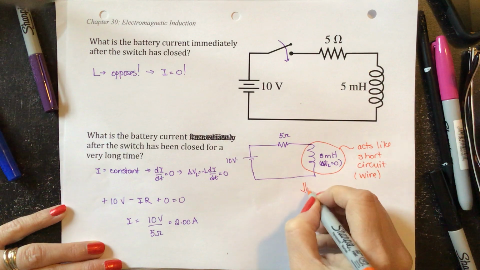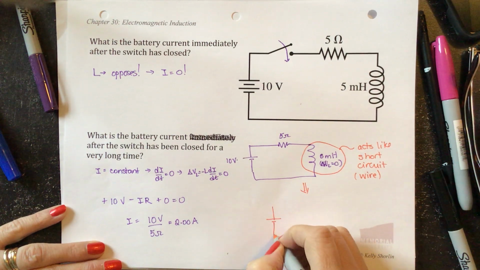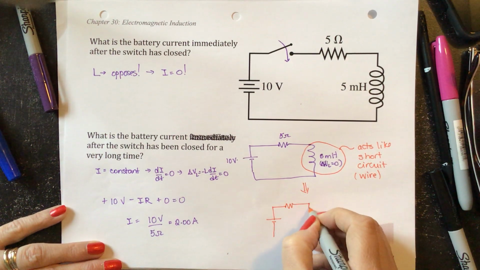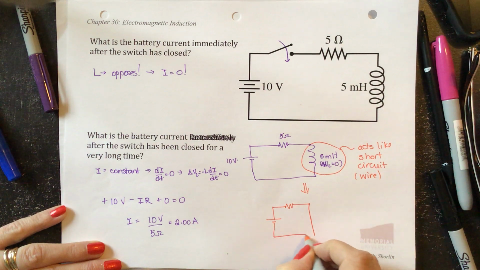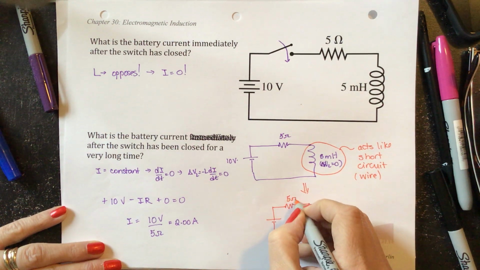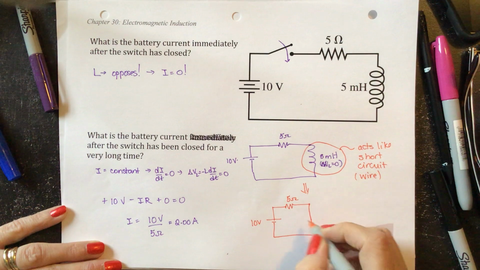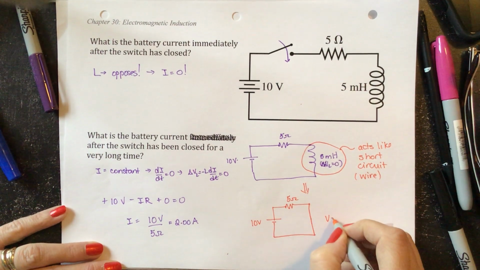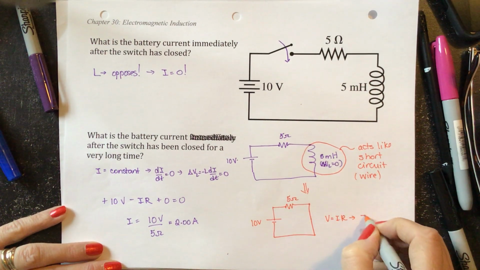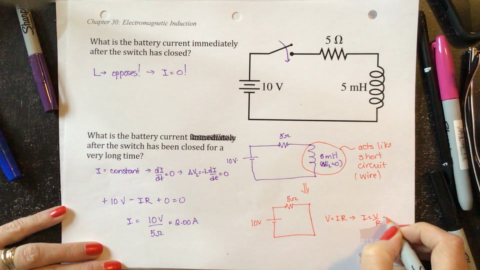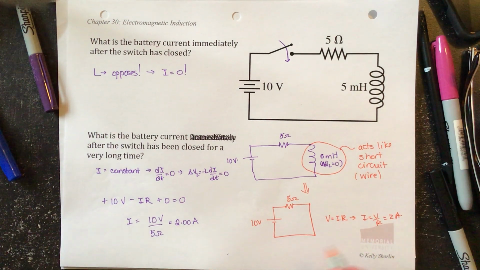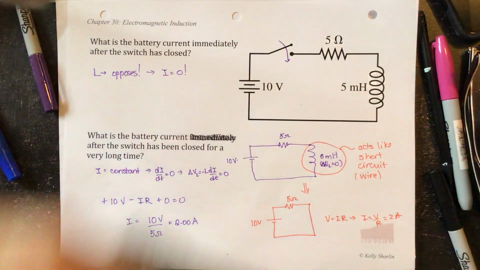So if you prefer, you can take out your inductor and just replace it with a piece of wire. This treatment tends to simplify some problems we'll look at. And then in this case, we would just use V equals IR, I equals V over R equals 2 amps. We get the same result, really for the same reason, just a different way to conceptualize it.